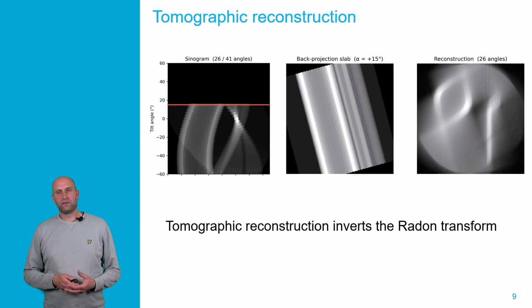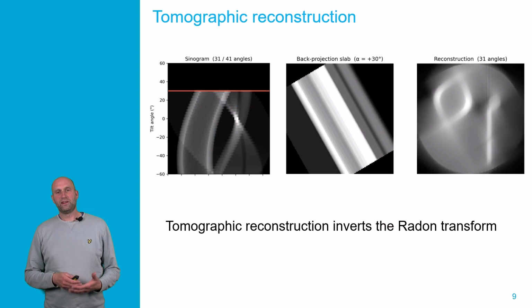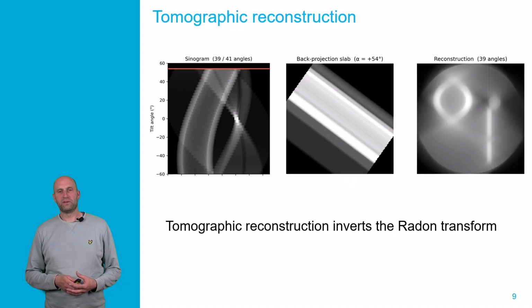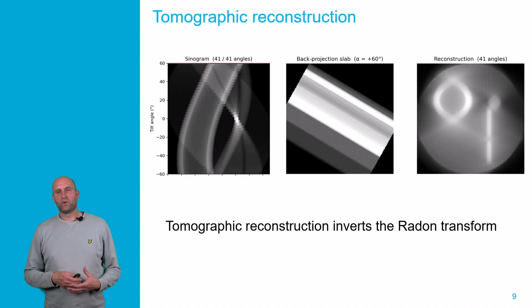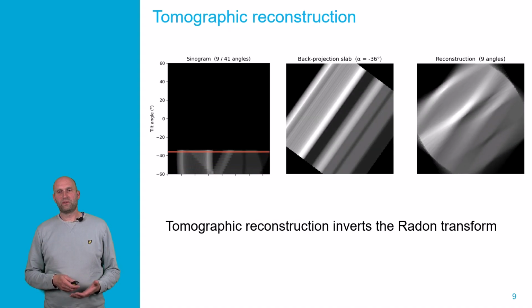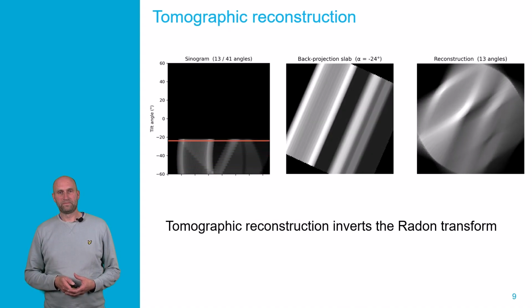And you can see that on the far right, where as we are tilting our specimen, so we're moving our way through the sinogram, we're adding more and more unique orientations under which we have observed the object, the reconstruction becomes better and better.